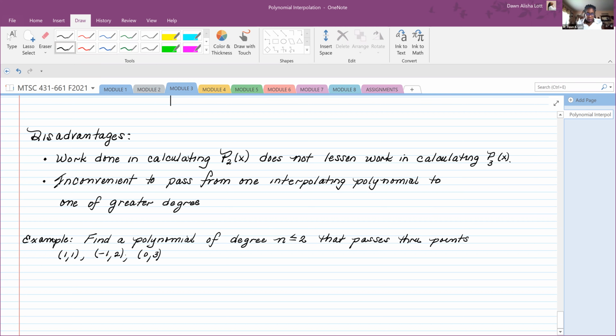Okay, so therefore we have the xi's. So this is actually rather simple.